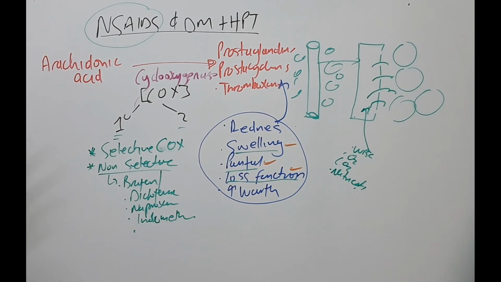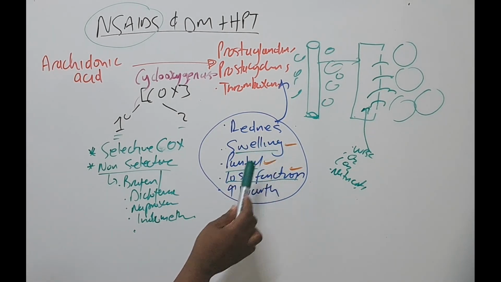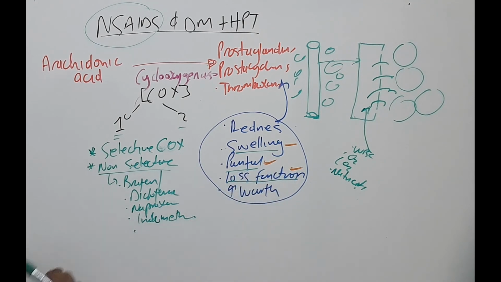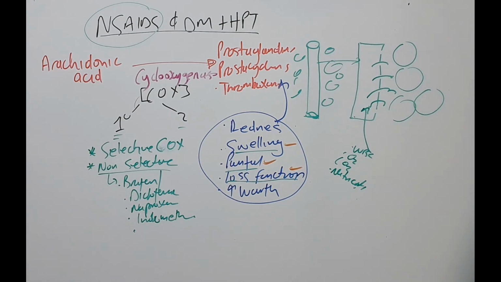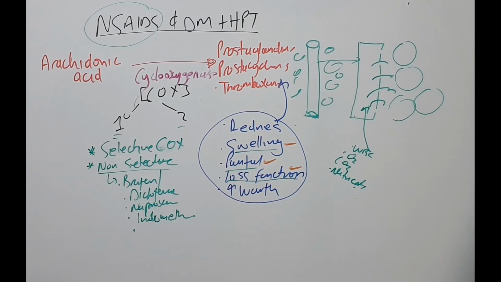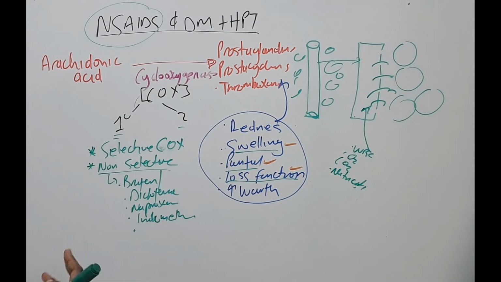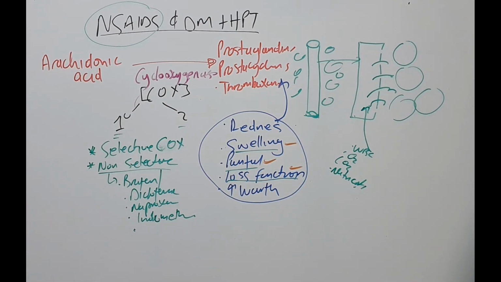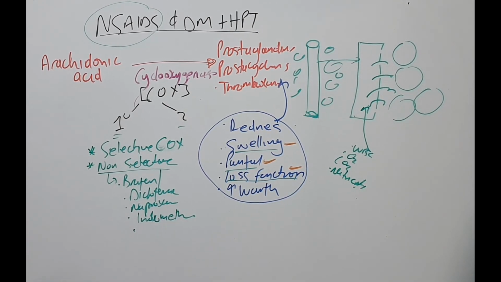You will block some, which will just minimize the swelling, minimize the pain, and minimize the loss of function, but you cannot wipe out or block all of those COX enzymes that you have. That's why even if you take NSAIDs, you will still feel a bit of pain, a bit of swelling, a bit of loss of function, right? But it will be bearable. That's the whole point. It will be bearable.